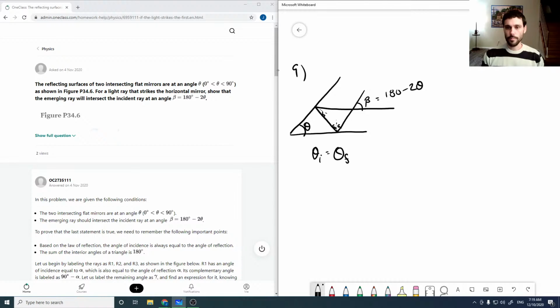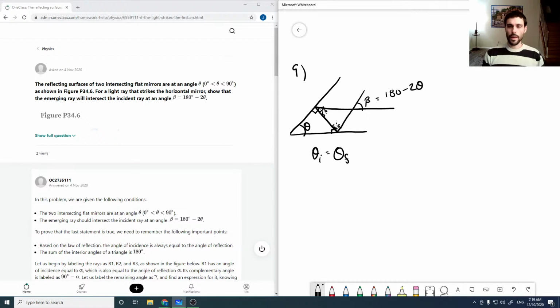And if I call that B, then that's also B there. So that means that that whole thing is 2B and that whole thing is 2A. But the biggest thing that's going to help here is that that's a right angle, and that's a right angle.